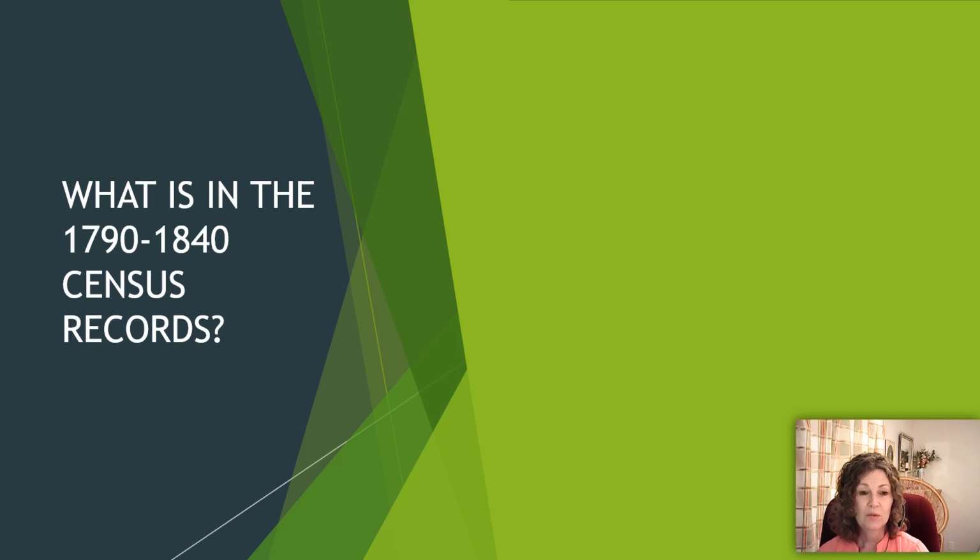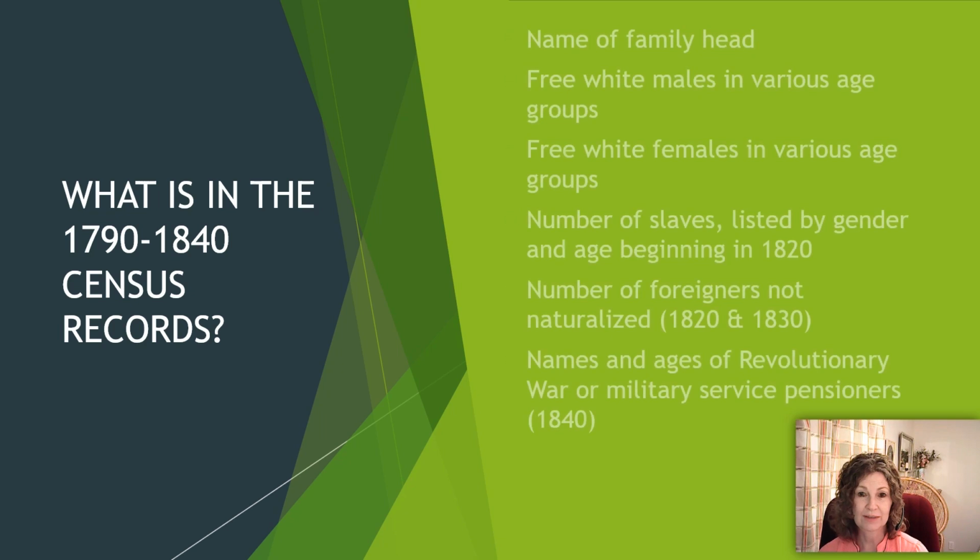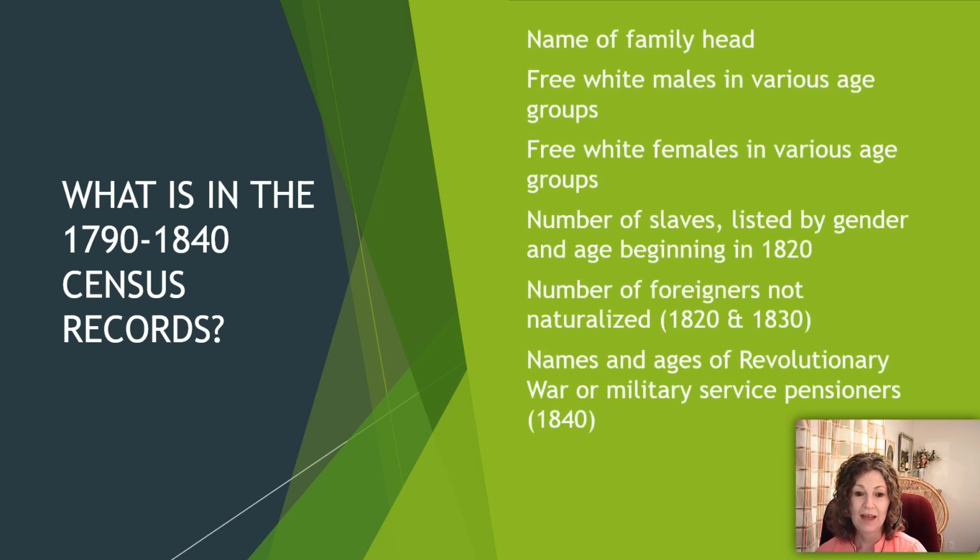So what is in the 1790 to 1840 census records? Well, as we've talked about quite a bit, we have the name of the family head. And then we have the first grouping, which is free white males in various age groups. And this changes from census year to census year for the most part.